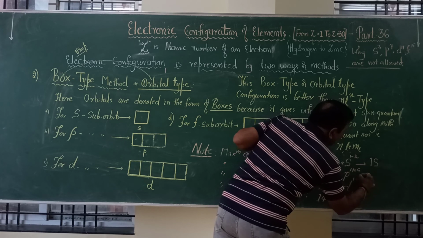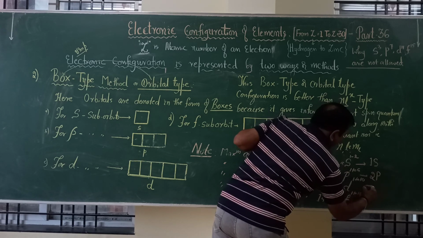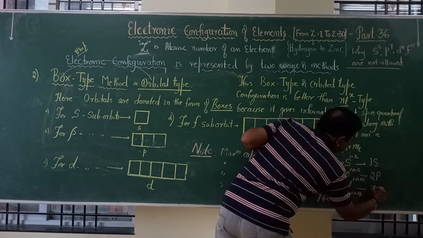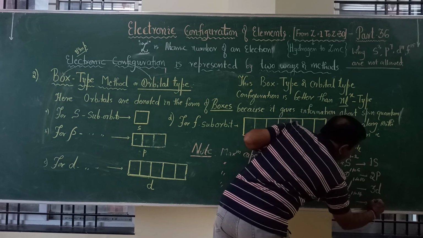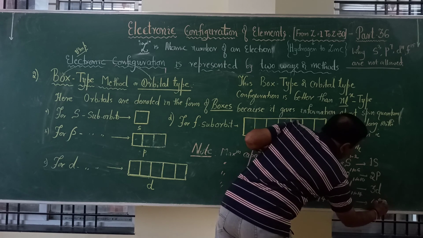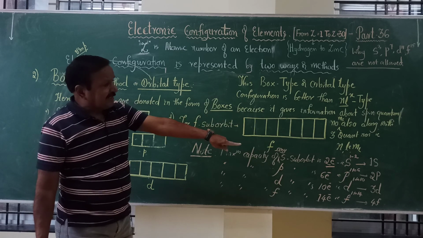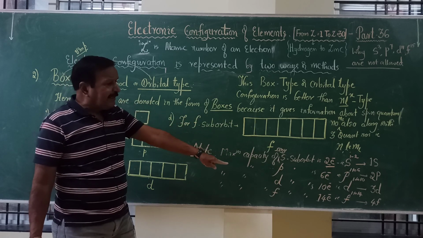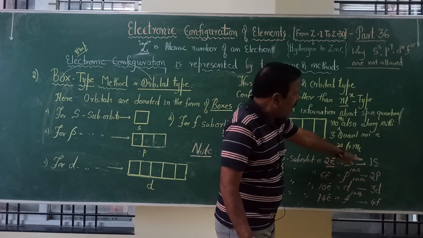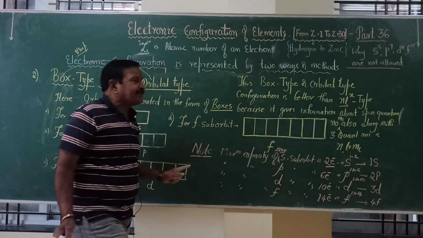Remember, p is 2p, minimum 2, no 1p is there. d will start from 3d, no 1d, no 2d. f will start from 4f. So s is the first orbit, p is the second orbit, d is the third orbit, and f is the fourth orbit. So they will start from minimum second, third, and fourth. This you have to remember, dear students.